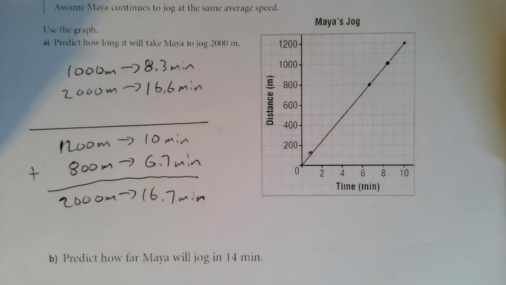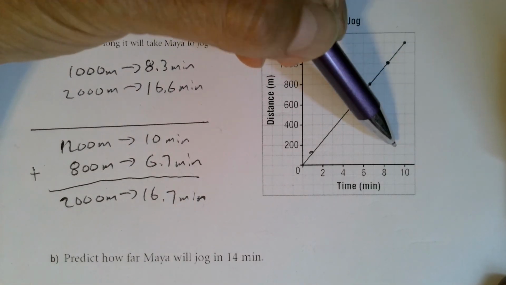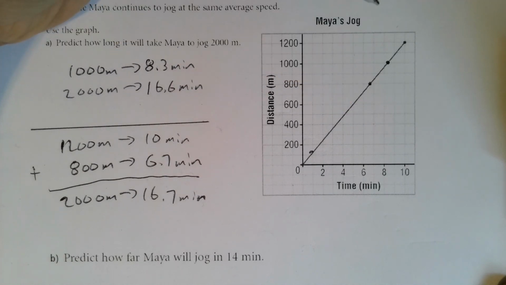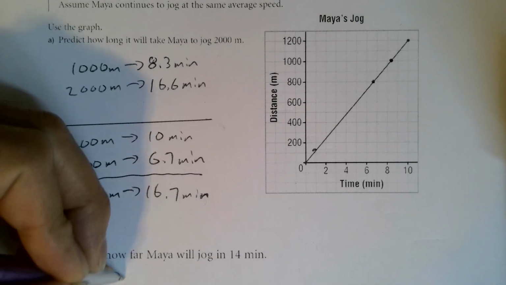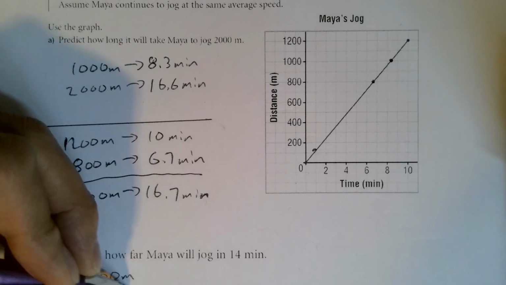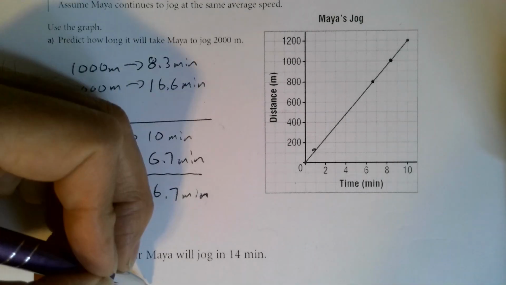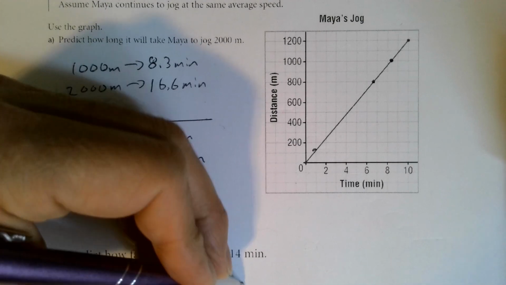So if we're off by a little bit, it's going to be 14 times that much. Oh, we could also look at here. We know that Maya goes 1,200 meters in 10 minutes. Oh, well, yeah, if she goes 1,200 meters in 10 minutes, then that's going to be 120 meters per minute.